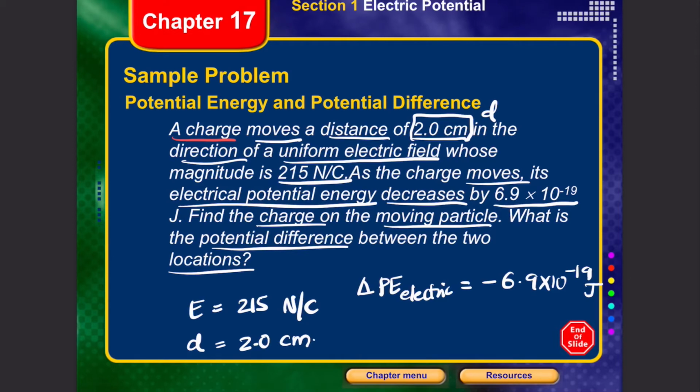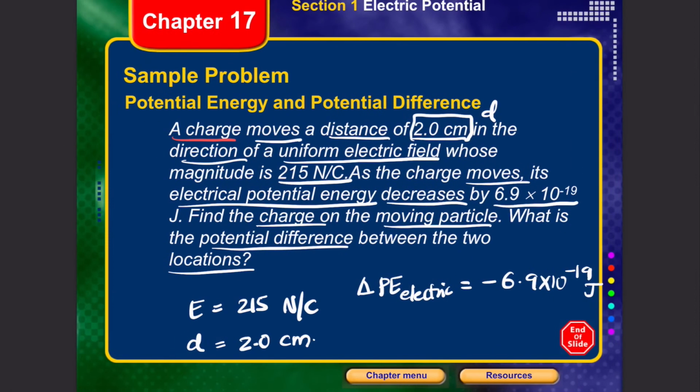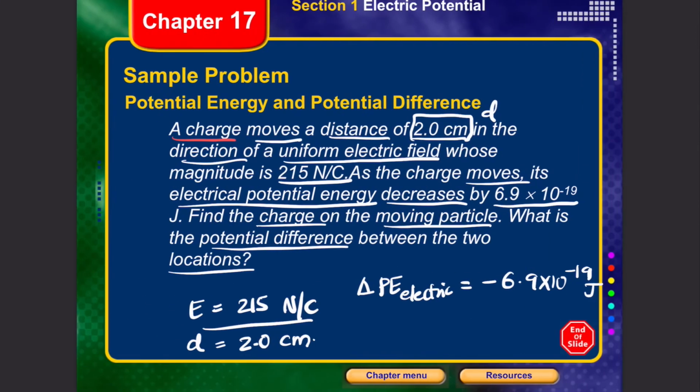Now, what can we first find? Let us first find the voltage. Delta V is minus E times delta D. So delta V equals minus 215 times D, which is 2 centimeters.